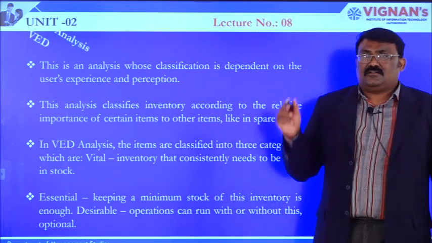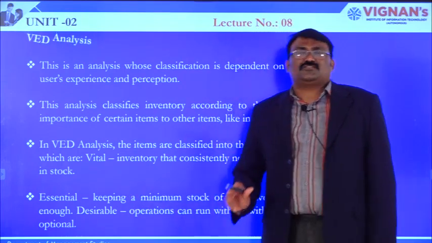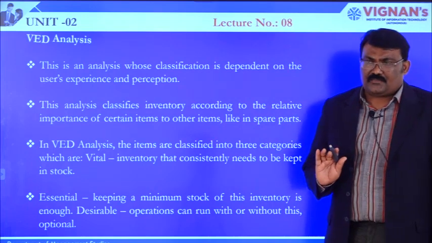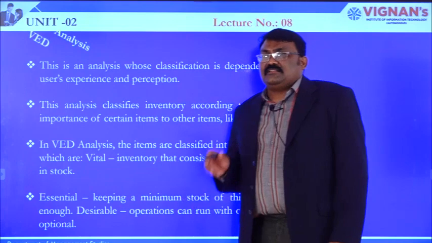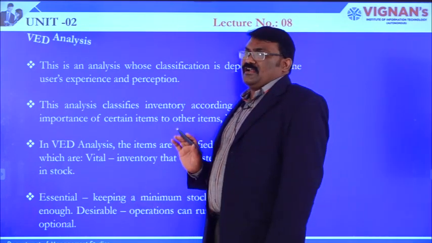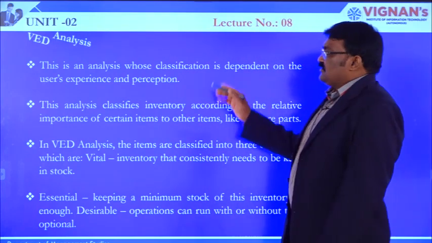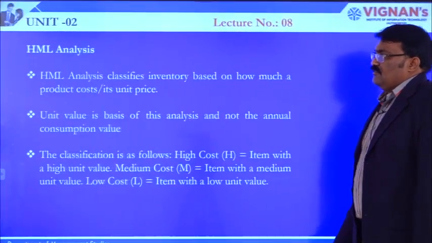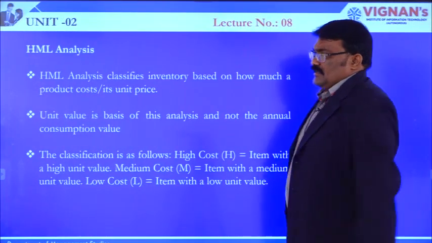So, the non-availability of this desirable stock will not stop the production process. If this raw material is not available, production will continue. Okay, these are the important points of the vital, essential, desirable analysis.